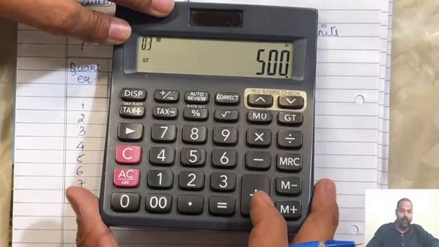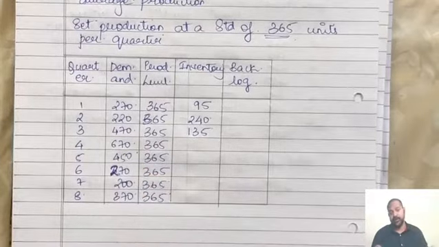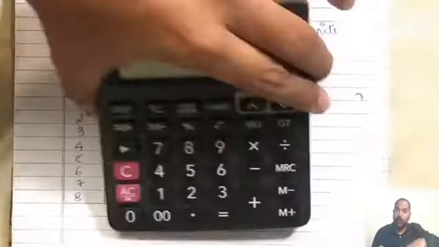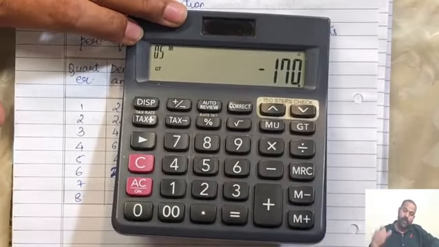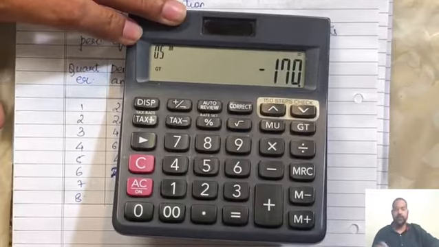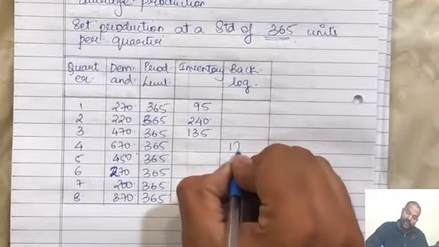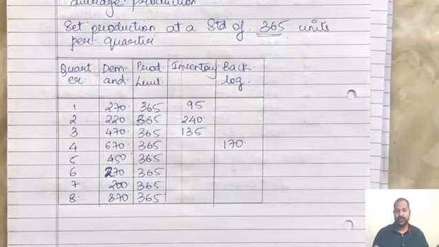How much do you require? Well, what I require is 670. Well then, my friend, you are short. How much are you short by? 500 minus the demand is 670. So I am short of 170 units, or there is a backlog of 170 units.